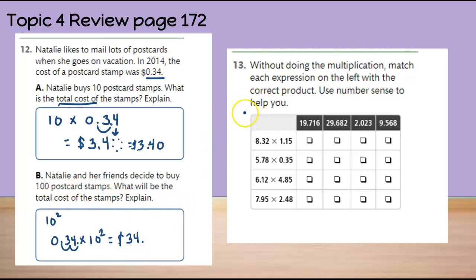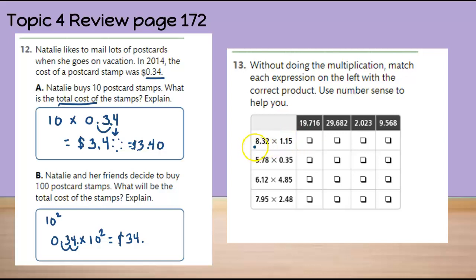Last one. Number 13. Without doing multiplication, match each expression on the left with the correct product. Use number sense to help you. Okay. Now, when we say use number sense, the easiest thing to do is to look at the whole number when you're multiplying.